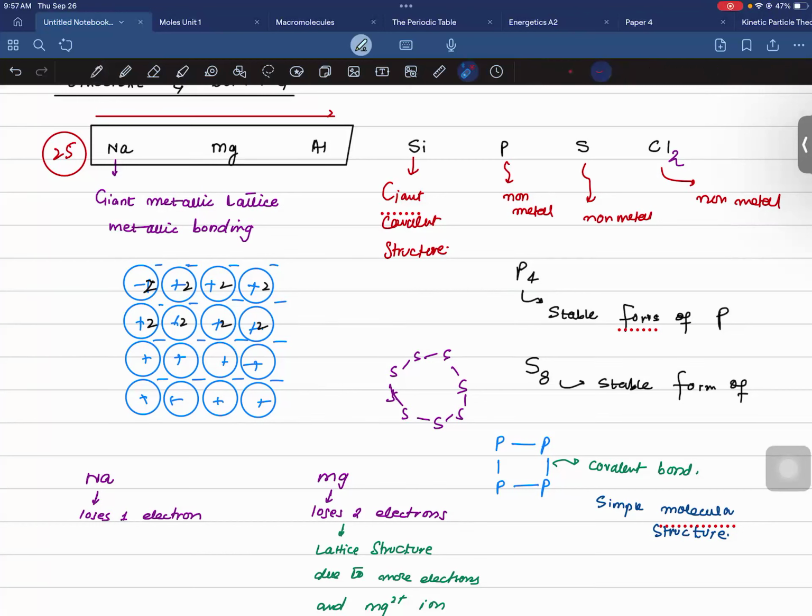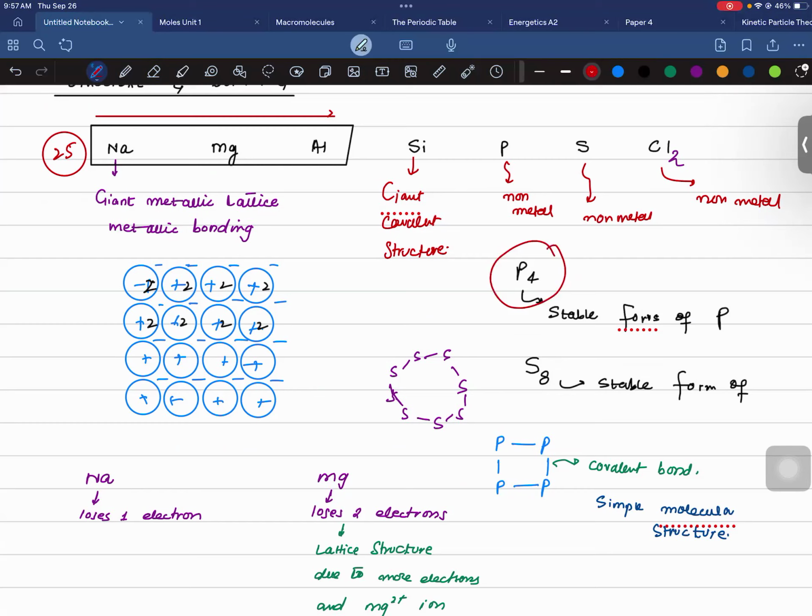Then we have to do a comparison between these three: phosphorus, sulfur, and chlorine. If we are going from left to right, from phosphorus to chlorine, would the melting and boiling point be increasing or decreasing? Increasing, because they have more electrons.